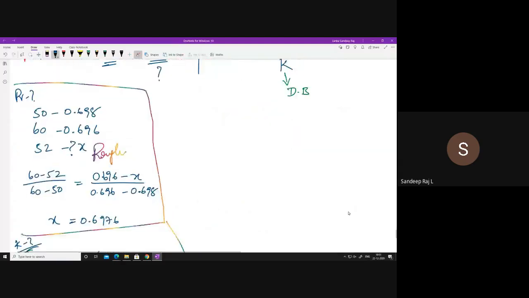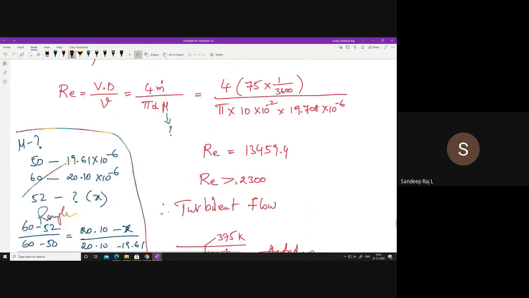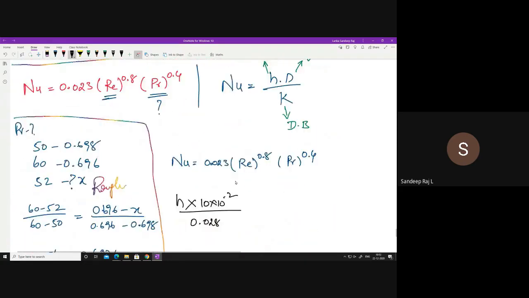Simply substitute all the values into Nu is equal to 0.023 into Re power 0.8 into Prandtl power 0.4. So the Nu value is hd by K. The d value is given as 10 centimeters, 10 into 10 to the power of minus 2, by the K value we just found, 0.0284.